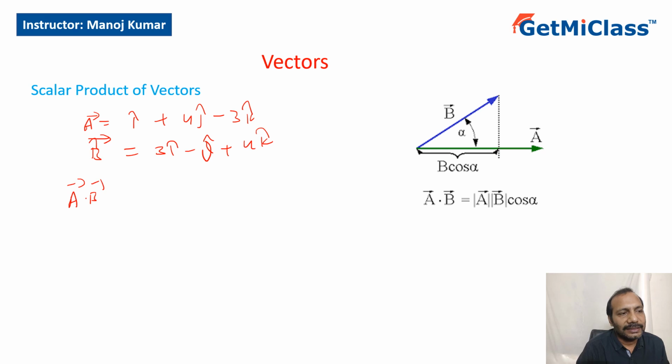So again, as we have seen, i dot i is 1, so 1 into 3.